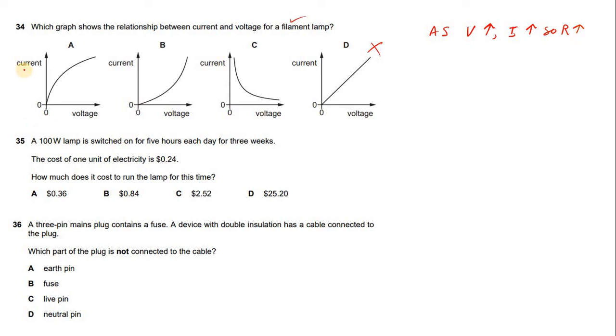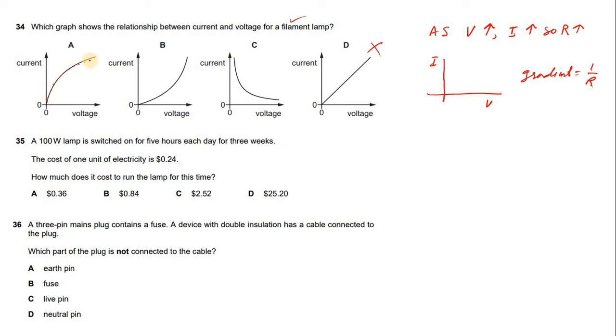And we are given current voltage graphs. So for current I against voltage graph, remember the gradient of this IV graph is 1 upon resistance. So for the filament lamp, if you see, the gradient is decreasing. Gradient is steepness.